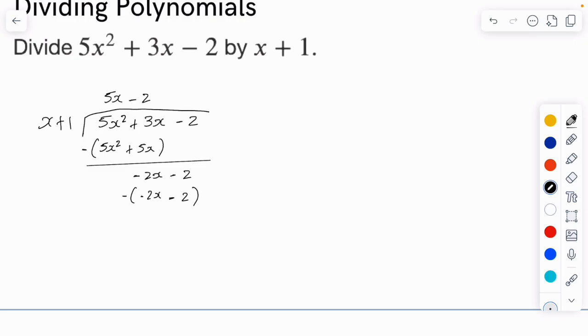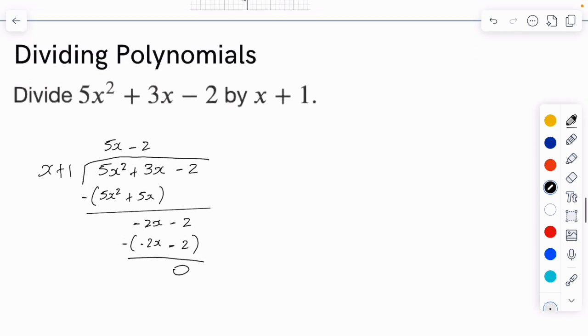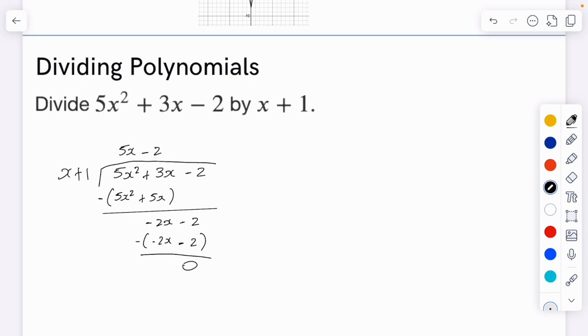This is going to give us 0. Very simple example here. What does this show us? The remainder is 0.